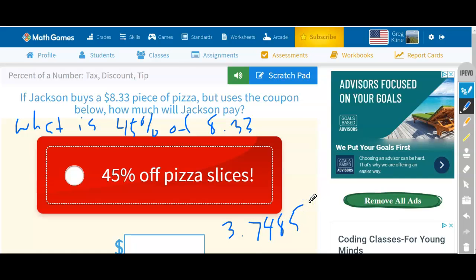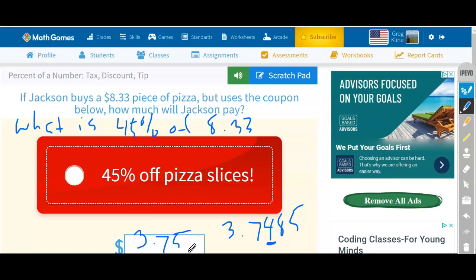That gives us 3.7485. Now we're talking about money here, so we got to make sure we round to the nearest cent. That's the nearest hundredths place value. So that would be $3.75 because that 8 to the right says round up. So that's not how much he's paying. That is the discount. That's 45% off.